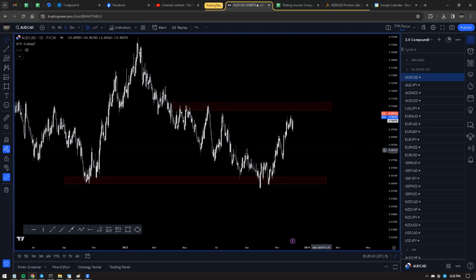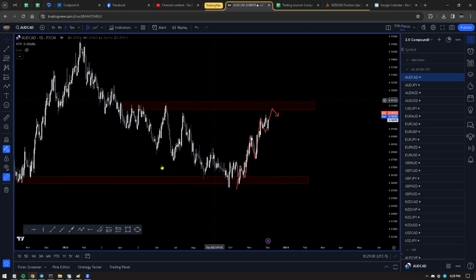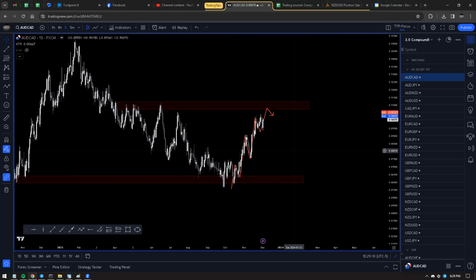So now that we have these two types of areas to be looking at, you have a resistance ceiling, a support floor, whatever you want to call it, and then you have trending markets, where markets move up, pull back, move up, pull back, and vice versa, all the way wherever they decide to go. So obviously support and resistance, pretty easy.